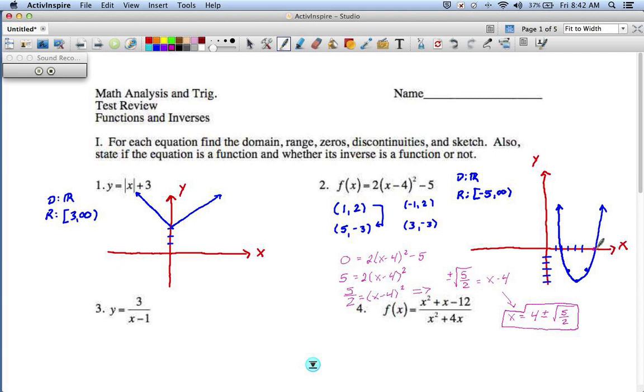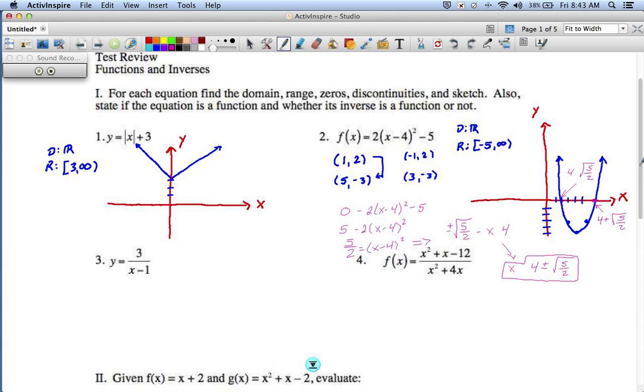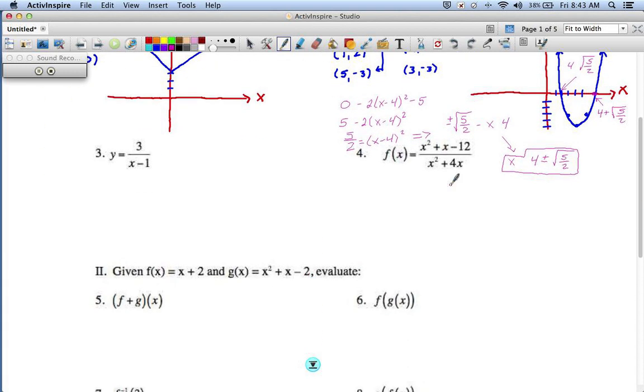But we do now know that that is the point 4 plus the square root of 5 halves. And that is the point 4 minus the square root of 5 halves. All right, and discontinuities, there are none. For number 3, this looks like a nice parent graph shifted to the right 1 unit.